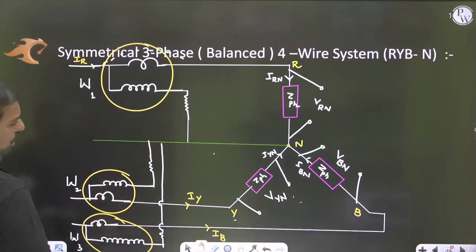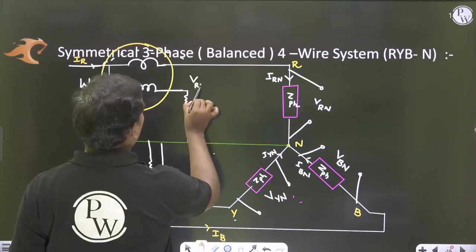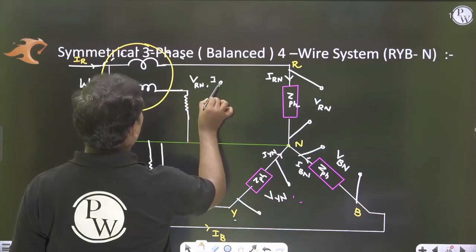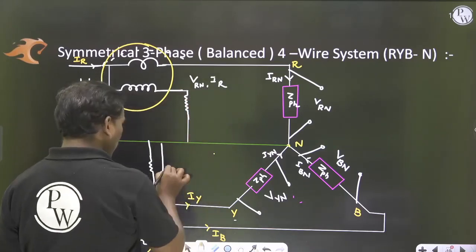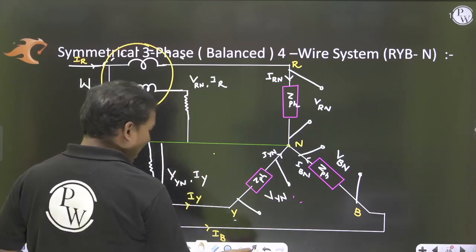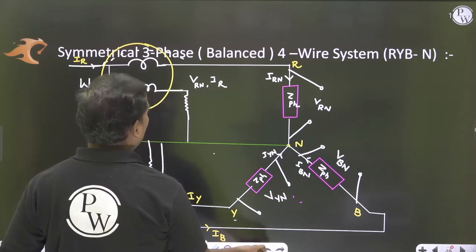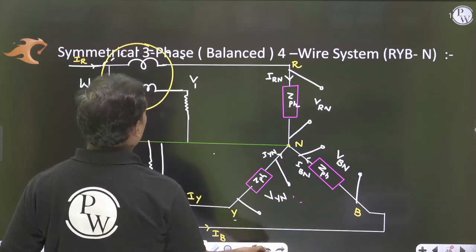So we are getting the 3 phase voltages. By using this wattmeter, I can measure the VRN, IR reading, and by using this, I can measure VYN and IY reading. Like that, for a 3 phase, 4-wire system, definitely by using the 3 wattmeters.